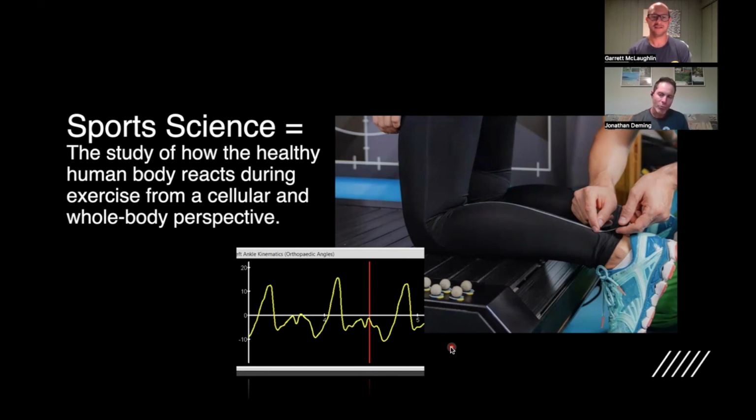And one thing Garrett said that's a good segue into defining sports science is the overwhelming amount of information out there on the web or on social media and wherever else you can find it, or even books. Some are legitimate sources. I'm not saying that nobody else out there knows what they're talking about, but certainly when you're taking advice from so many different angles, that's very overwhelming.